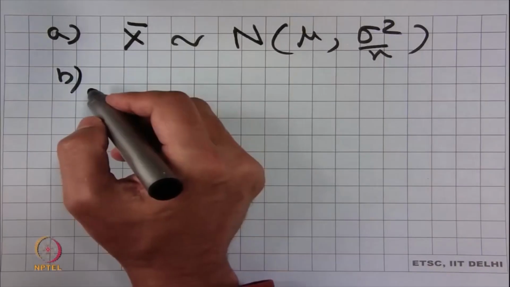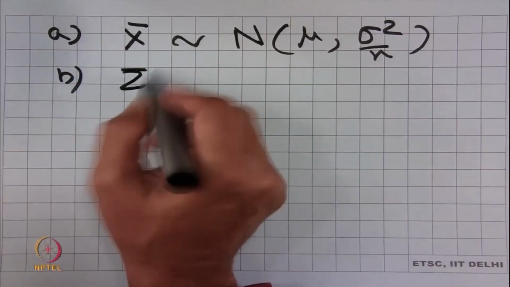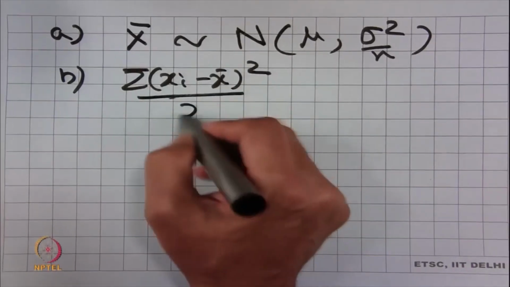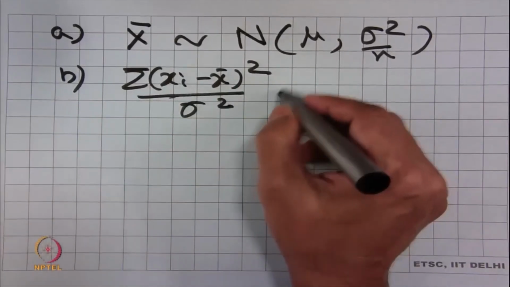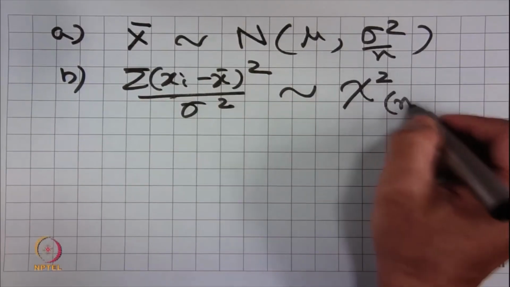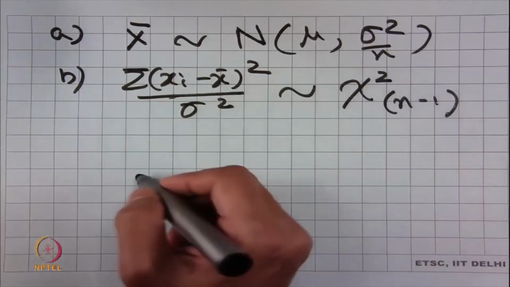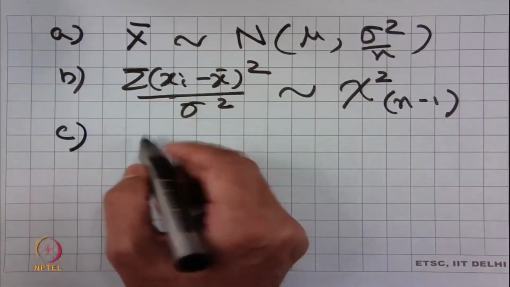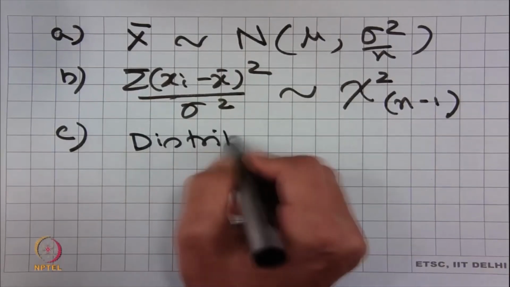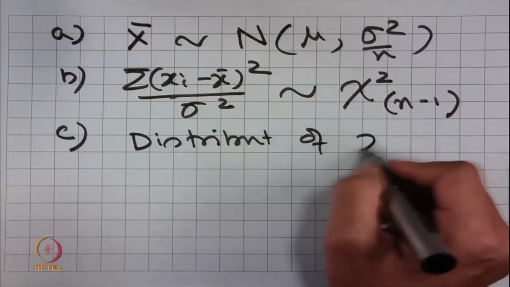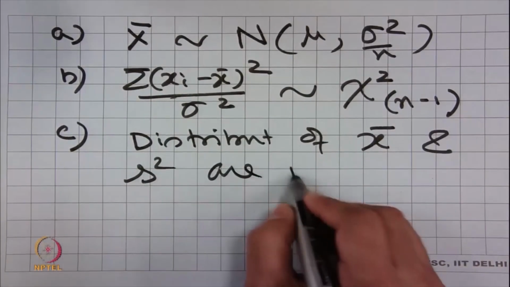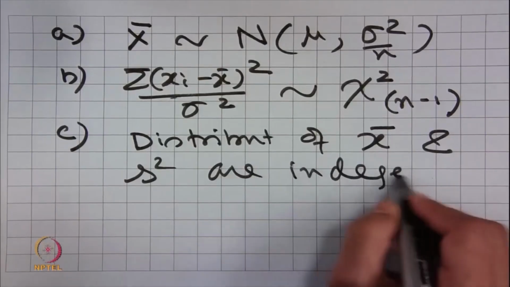B, sigma xi minus x bar whole square upon sigma square is distributed as chi square with n minus 1 degrees of freedom, and C, the distribution of x bar and a square are independent.